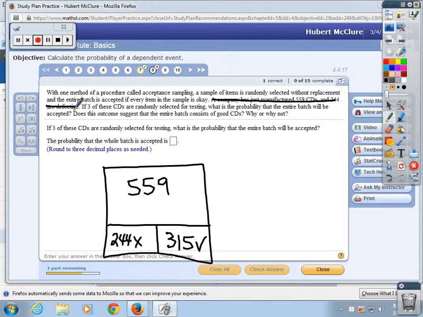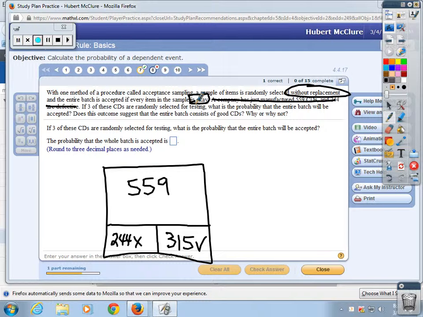It says with one method of procedure called acceptance sampling, a sample of items is randomly selected without replacement, and the entire batch is accepted if every item in the sample is okay. So we're going to pick 3 CDs out of this 559. And we want to know the probability of all 3 being good.